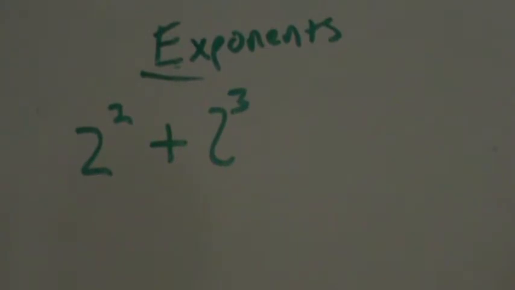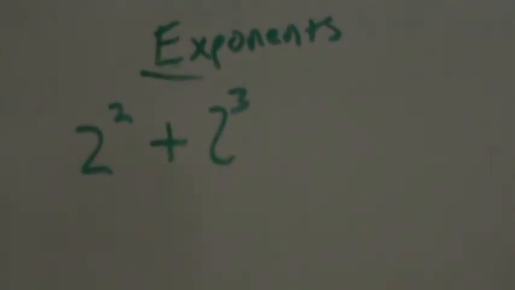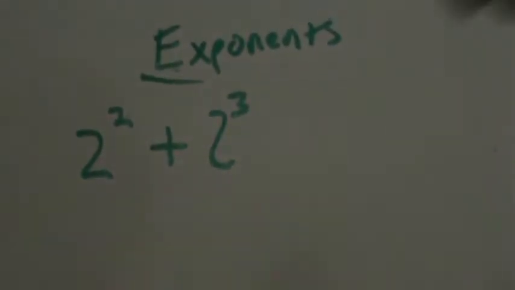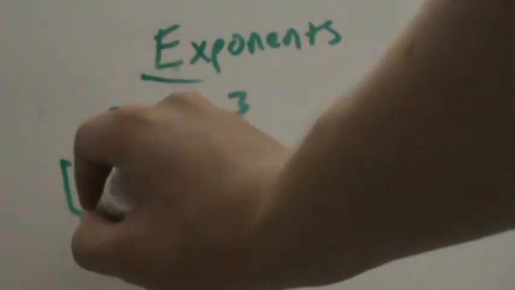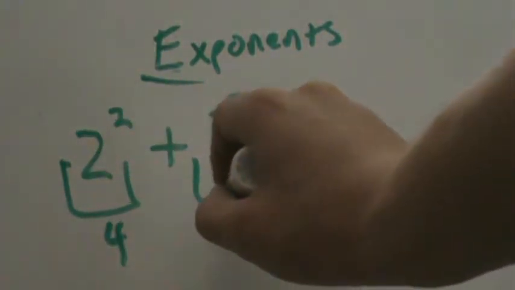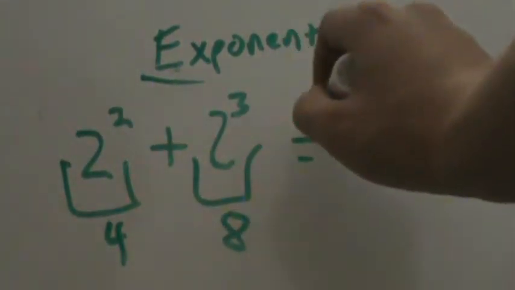Now, there is no way to add these or do anything to simplify it. You just have to split it up into the two spots and say that 2 to the 2nd is 4 and 2 to the 3rd is 8. So this is equal to 12.